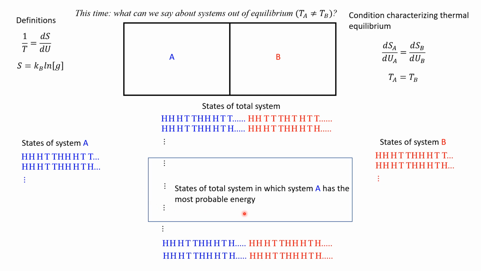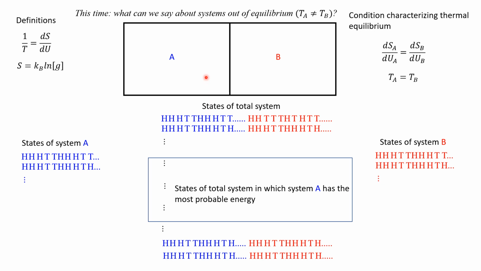So recall that according to the fundamental assumption of statistical physics, all states are equally probable within or without the box, but that there are so many more states of the total system within the box than states outside the box when the total system is macroscopic, that we can be certain that we're going to find the total system in a state within the box. In other words, in a state in which system A has the most probable energy. In other words, in which system A has an energy satisfying this condition.